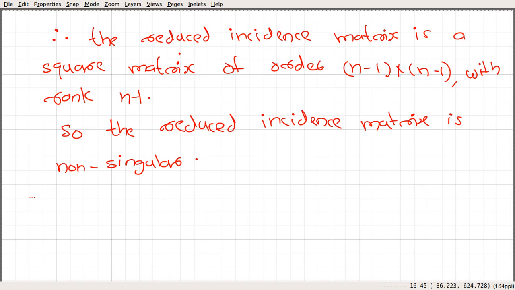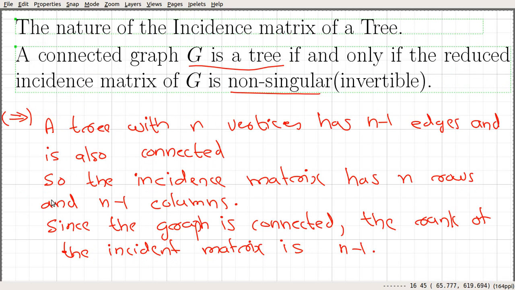So let's go and prove the other direction. The direction says, if the reduced incident matrix of a connected graph G is non-singular or invertible, then G is a tree.